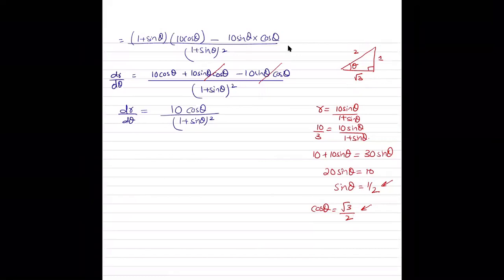Yeah, sir. So if cos theta is root 3 upon 2 and sine theta is 1 upon 2, then dr over d theta comes out to be, I'm getting 20 square root 3 upon 9.